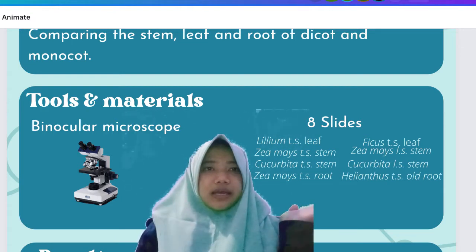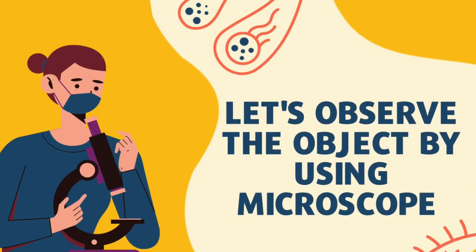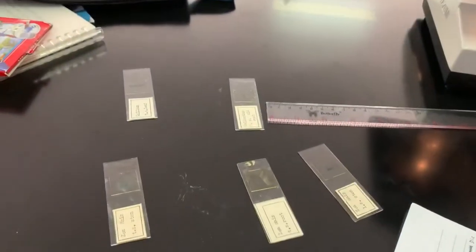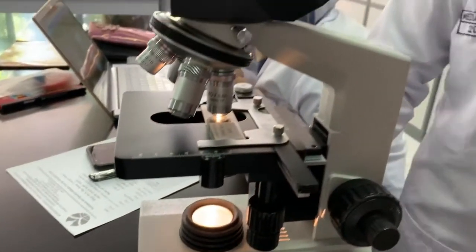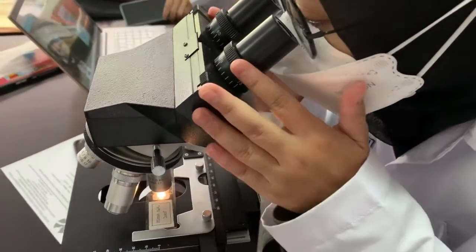Okay, let's do the observation of the object by using the microscope. So these are the slides, and our group mates observed the object by using the microscope. Let's see by using the camera.